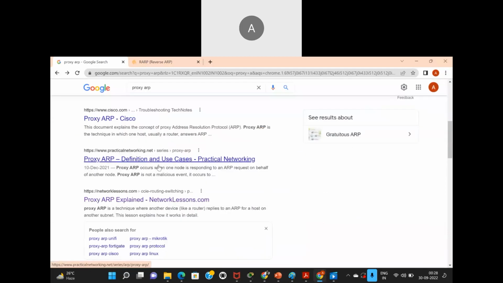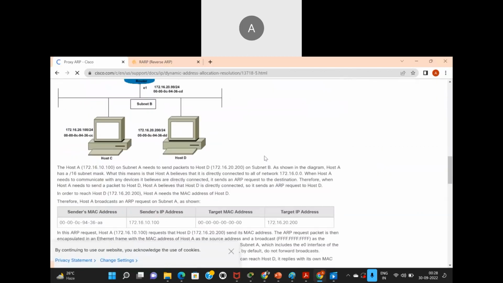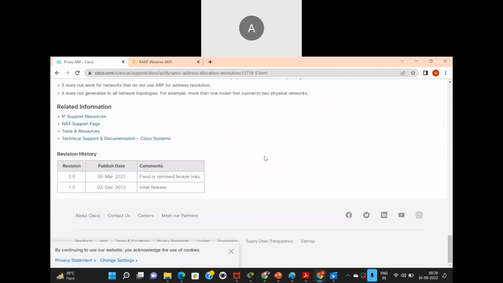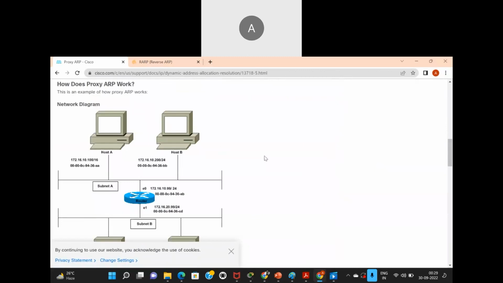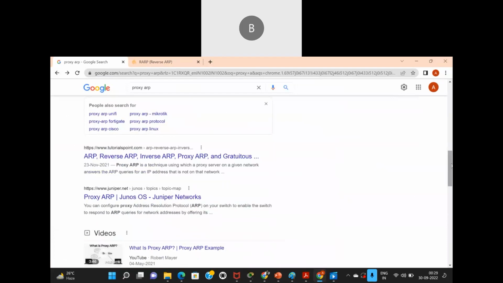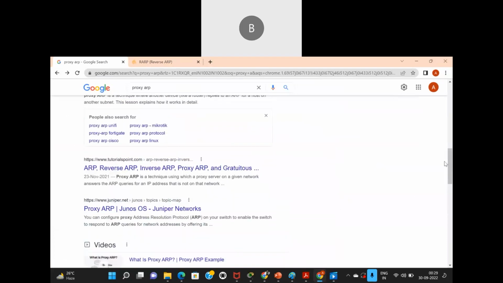I don't see this very well. Hold on. Proxy ARP. So if it gets a request from outside of the network, it just sends its own MAC address instead of anybody within the network. Yes. You're very close.